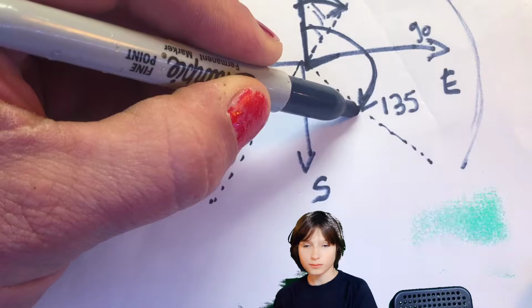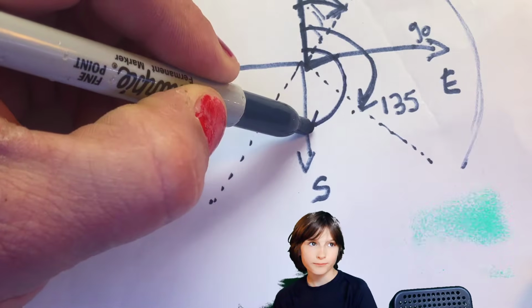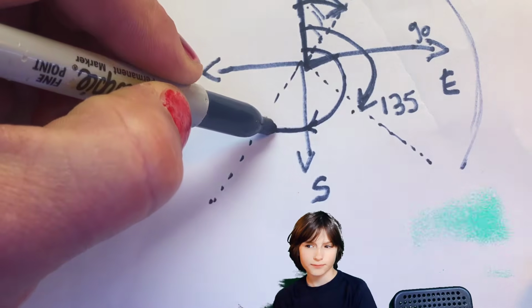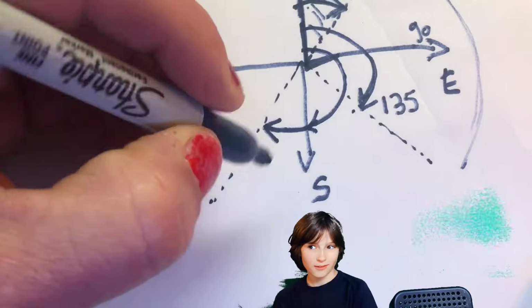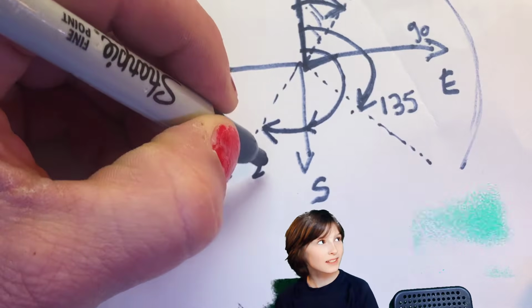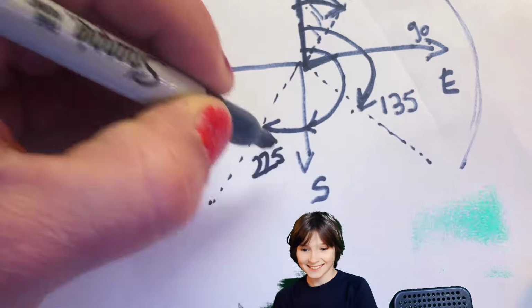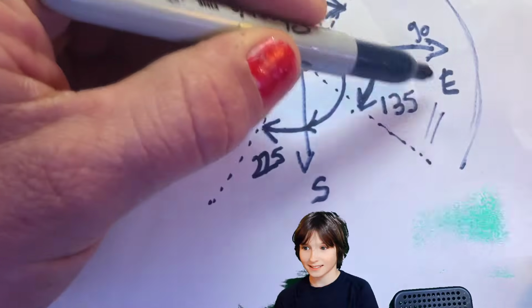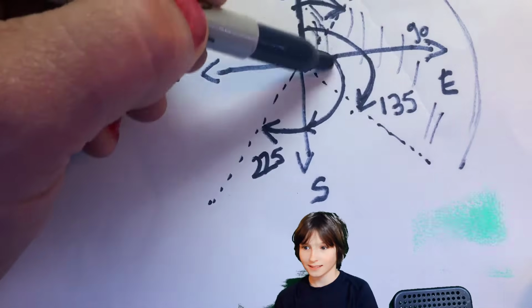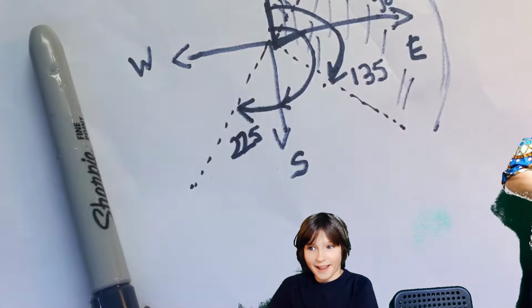So it's 135, 180. That's going to be 180. And then 180 plus 45 is 225. And again, we've covered this area already because we know that we are greater than 135.